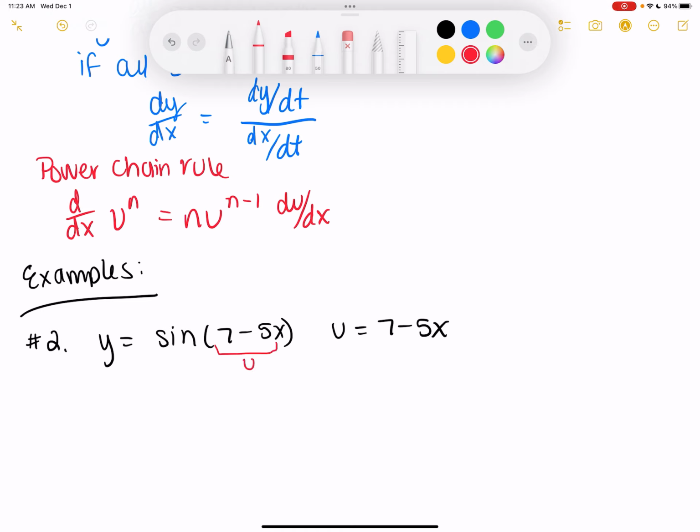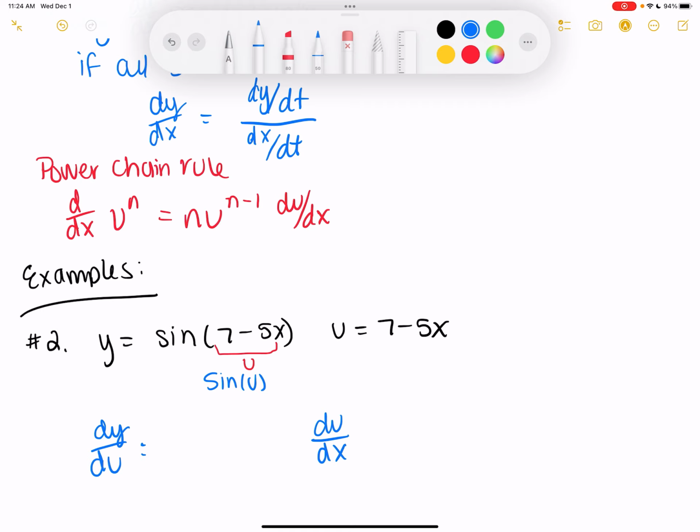To find the derivative, it wants us to find dy du, which is the sine of u. And then over here, we're going to also find the derivative of u with respect to x. And then we're going to multiply them together. So right now, they're already splitting it for you. You just need to find the two separate derivatives and then multiply them together.